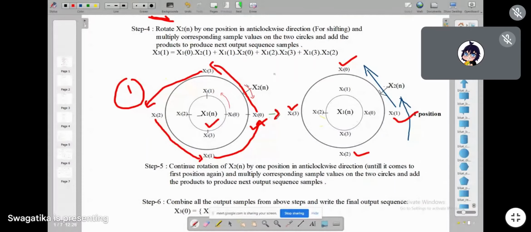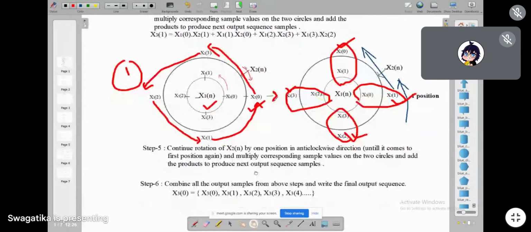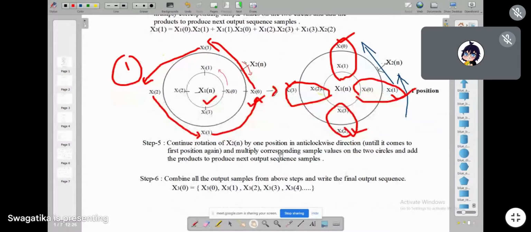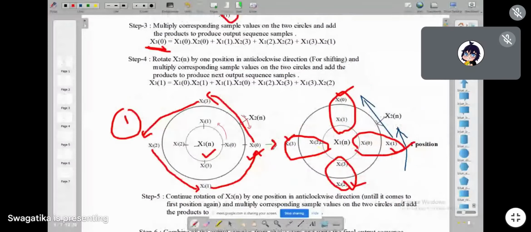One position is being shifted. Now what you have to do, the corresponding samples are being changed, yes or no? Now again repeat the same step, multiply these corresponding sample values, then find the summation of all the multiplications. Okay, now as you can see, this is already rotated, so your positions are being shifted. Now it is x1 of 0 multiplied with x2 of 1.